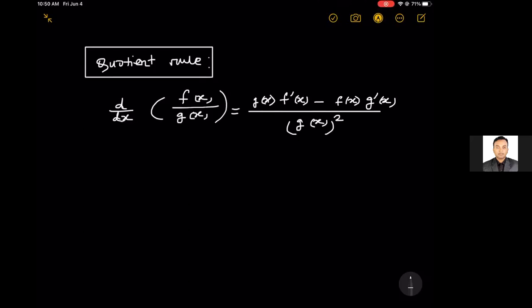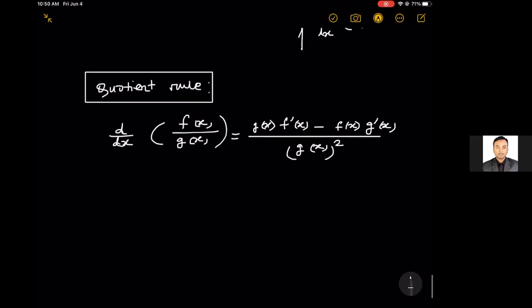If you compare it with the product rule, we actually have three things to take care of. So let me have the product rule here so that you can see the three things, so that we don't get confused or make any mistake.